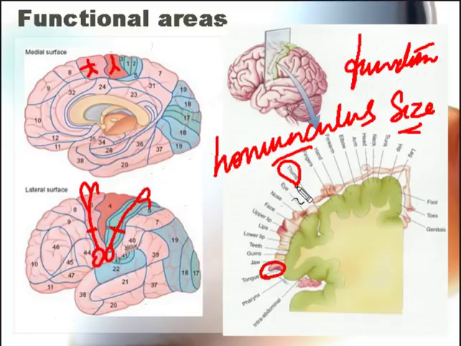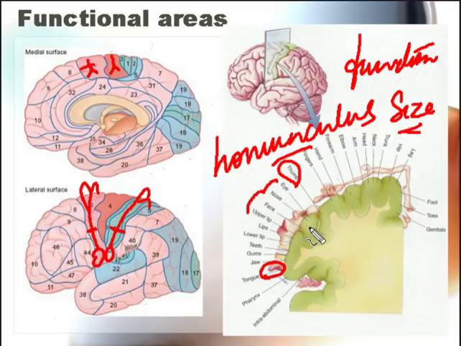Similarly, the lips are used for speaking, for swallowing, and at least to put food in your mouth. So the face, all of the face, is very important. You see how much area is given to the face, but look at the limbs, which are much larger; they are given very little area.